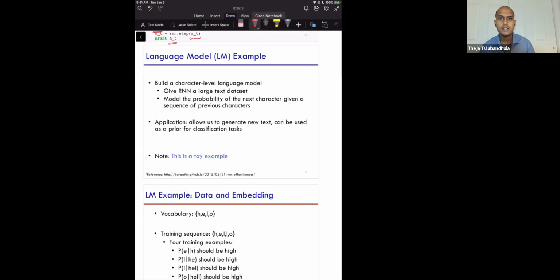Okay, so welcome back. About the question of what you do if you encounter new words that you've not seen in your vocabulary, or that you don't have a word embedding for, there are several engineering solutions you can try. One example is to drop the word. If it's not important, it's fine.